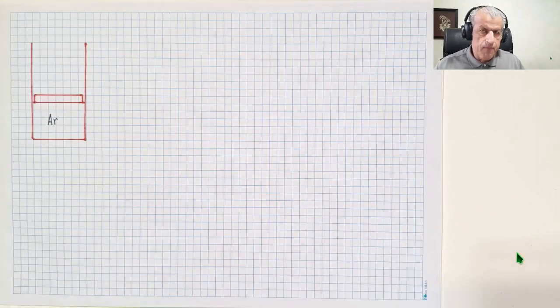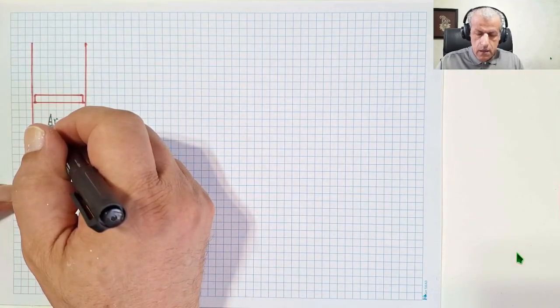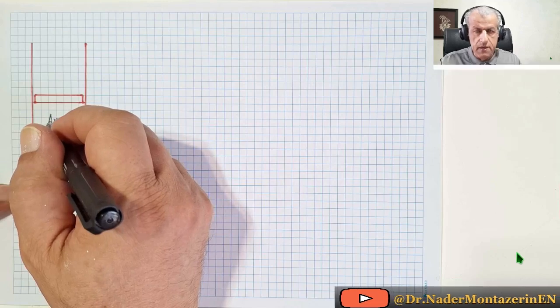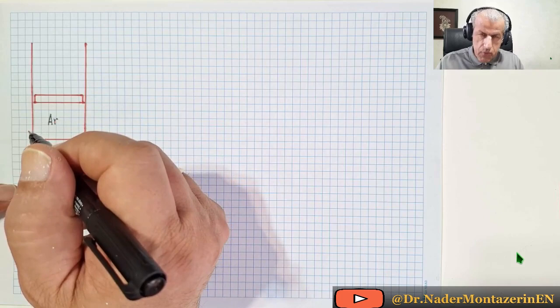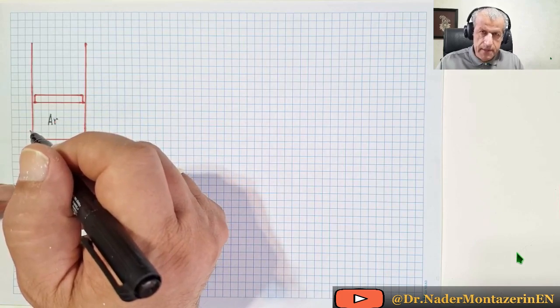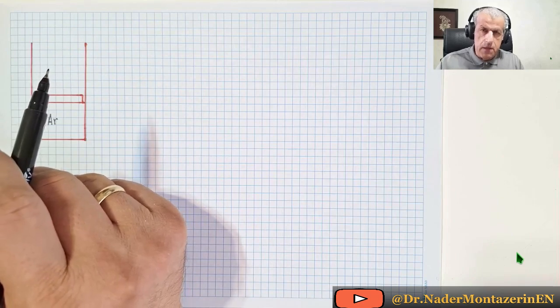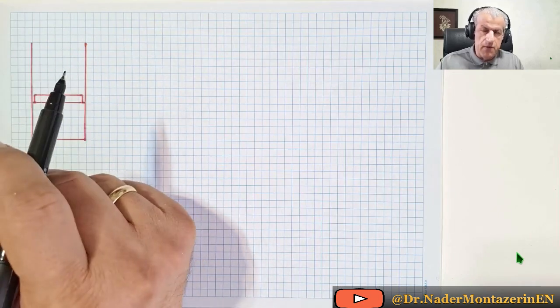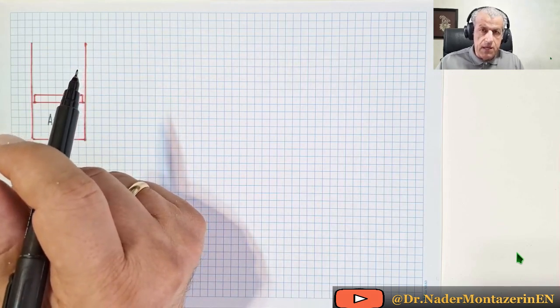Greetings. This is a very interesting problem where argon is inside the cylinder piston arrangement. The interesting point with this problem is that we use all the different laws of thermodynamics plus the availability equation.